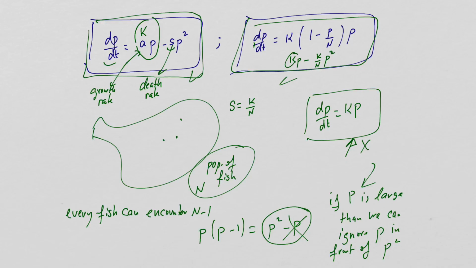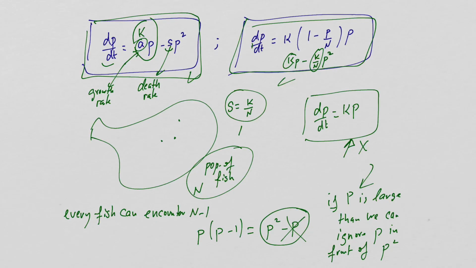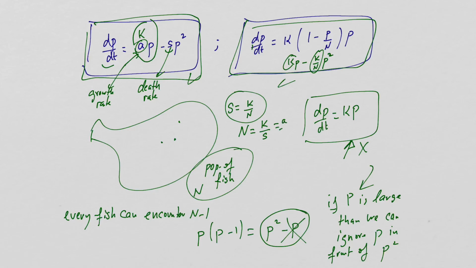This is A, and K over N is your S. And so the carrying capacity is K over S, or A over S in our case. That's your carrying capacity.